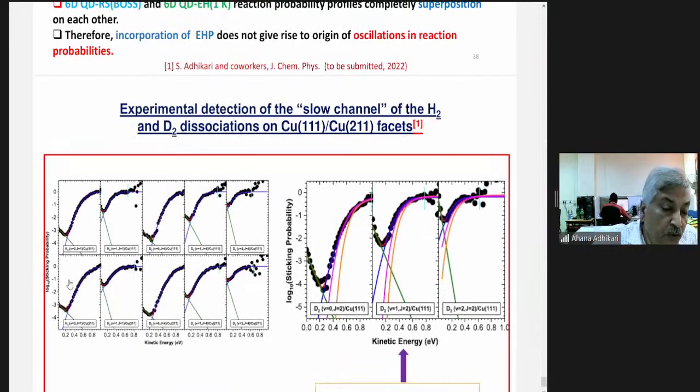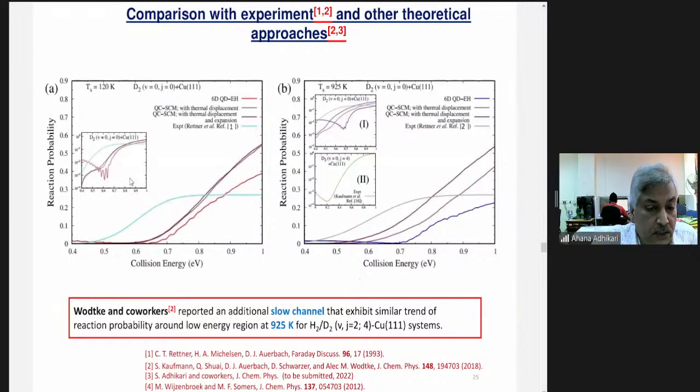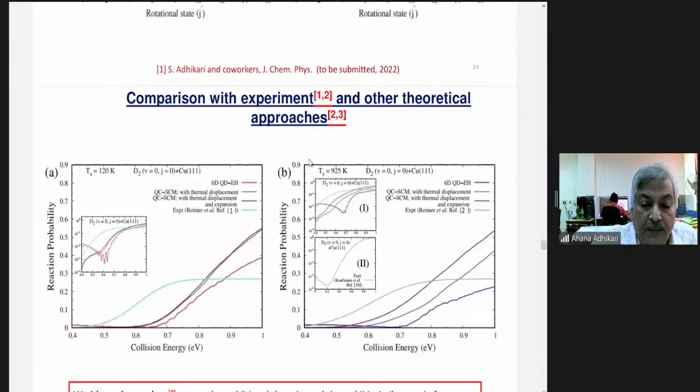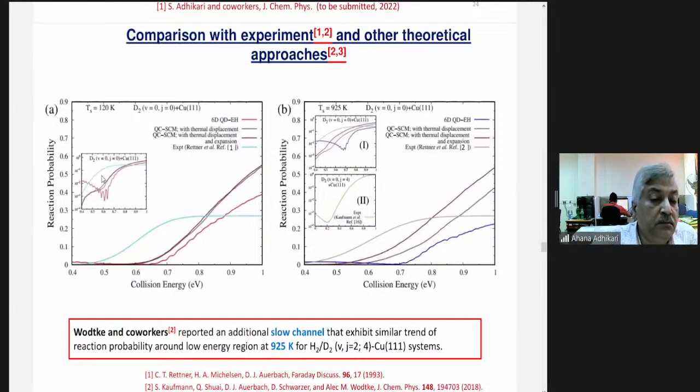Yes. If you look at that, this is a molecular beam experiment, and this is a log plot versus collision energy. At low collision energy for D2 on copper 111, you can see there is an increase at low collision energy, and then it again passes through a minimum and then increases. So we are the first to get the trend that you have an increase at low collision energy.